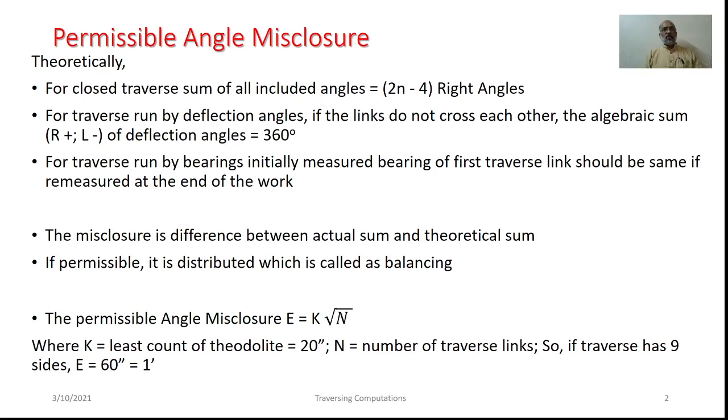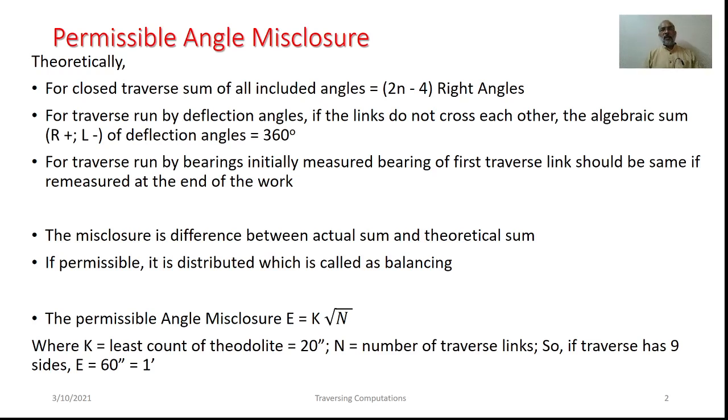Let's try to understand some concepts about this particular permissible angle of misclosure. If we are dealing with a closed traverse, then the theoretical sum of all the included angles should be equal to (2n minus 4) times 90 degrees.